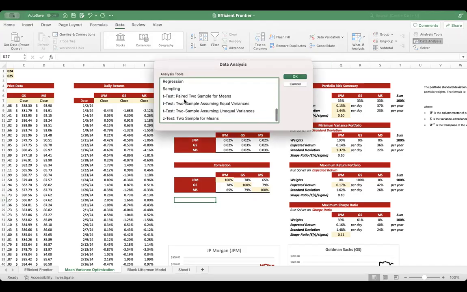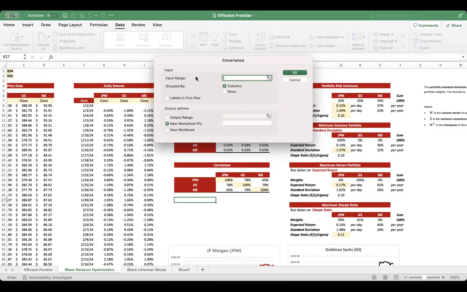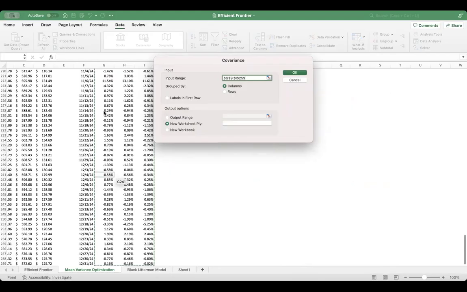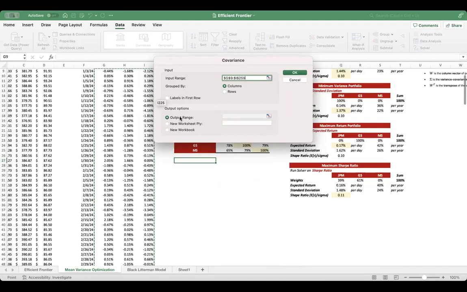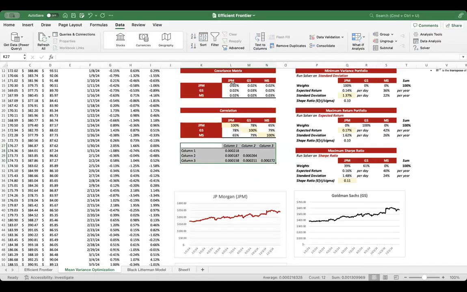And here we'll look for covariance, and we'll select OK. Then it will ask me for the input range. So what will I do? I will give this whole input range, okay? And then I will say let the output range be here, and I'll click OK. So if you look at it, it has given me my covariance matrix.